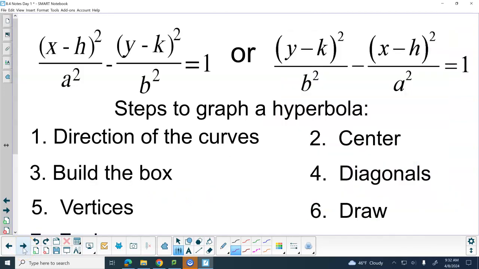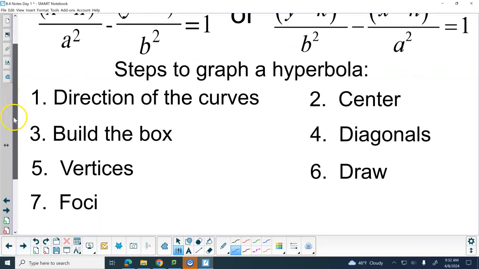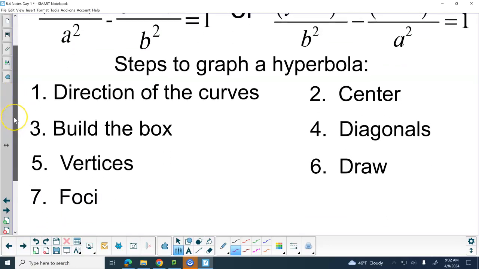So, put it all back together here now. On your supplemental note sheet, you should have the 2 different equations for a hyperbola. Everybody got that on there already? Okay, good. Then you should have the 7 steps to graphing a hyperbola.